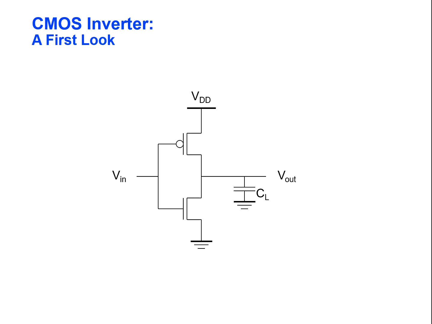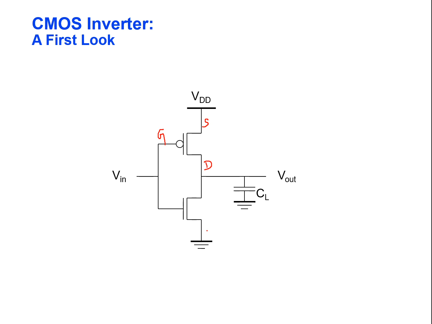Let us see the CMOS inverter. In a CMOS inverter, it combines the PMOS and NMOS in series combination, where the source of PMOS is connected to VDD, the drain of PMOS is connected to output, and the gate of the PMOS is connected to input.